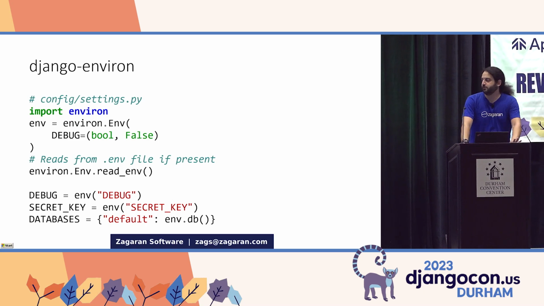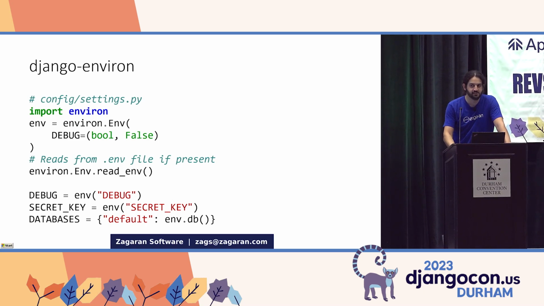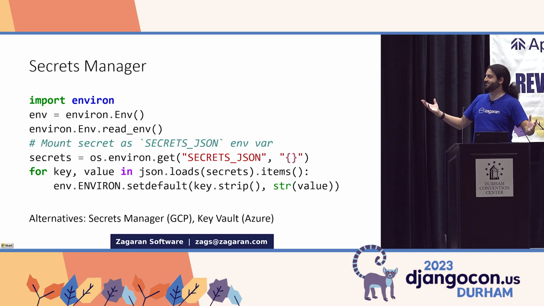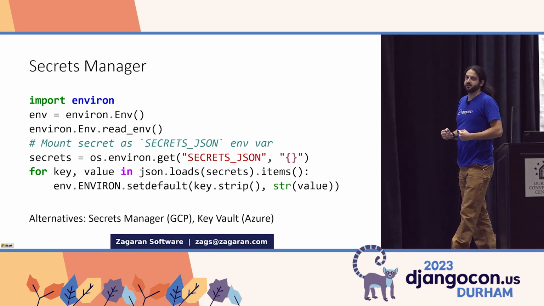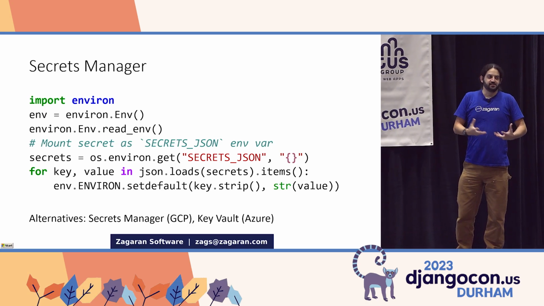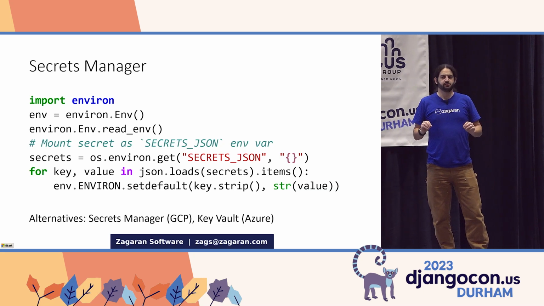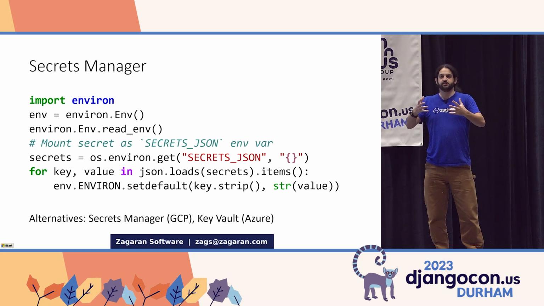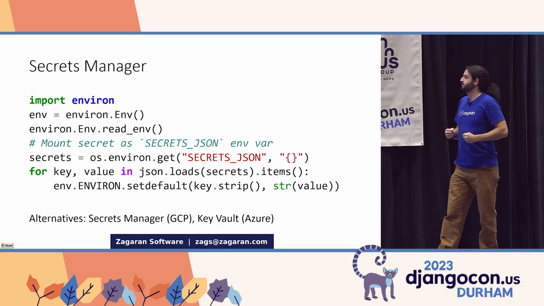Now, one thing worth noting here, your secret key, your databases, those might be kind of sensitive data. How do we store that? That's what Amazon Secrets Manager is for. Purpose-built technology for storing literally configuration that is sensitive. A secret in Amazon Secrets Manager is not a secret key, it's a JSON blob that should be all of the secrets for one of your environments.